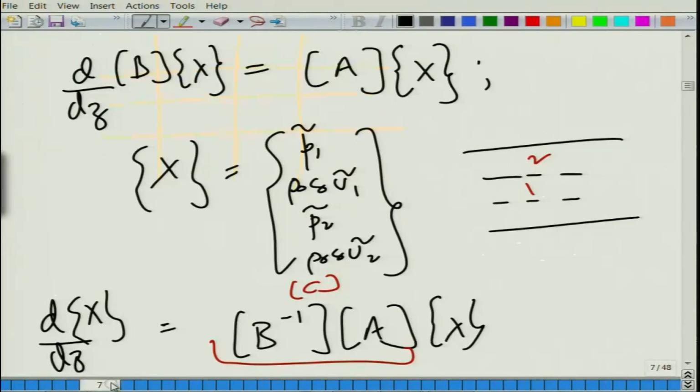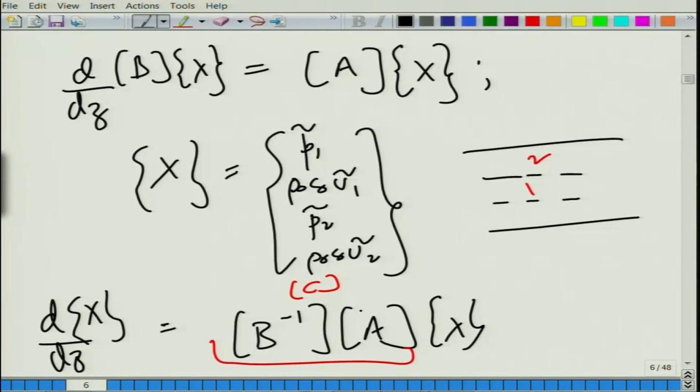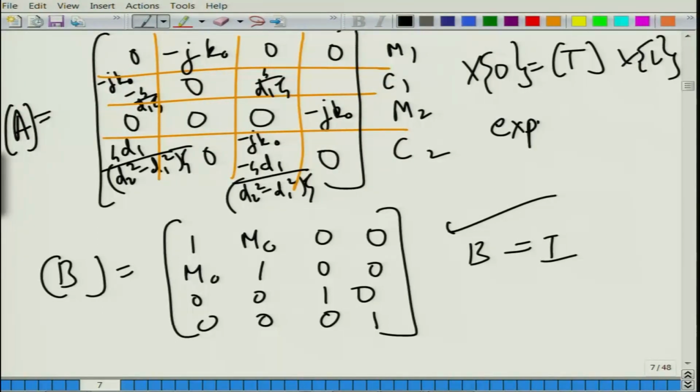With this understanding of the equation, we will use the exponential matrix to get the final form that we talked about, that is the state variable at x equal to 0 is equal to T matrix times x at L, where your T matrix is really the exponential of minus CL.